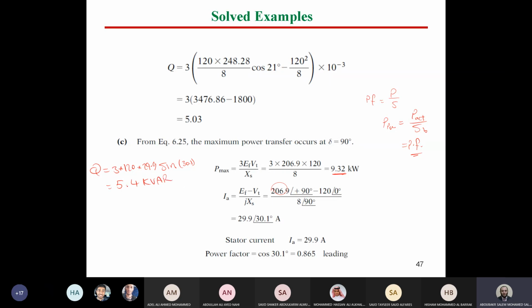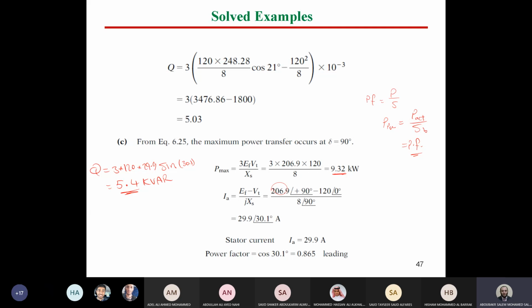Of course, guys, if you have a look now, 5.4 reactive power and 9.3 active power. So the apparent power now is, let me calculate, 9320 squared plus the reactive part squared, then the square root of the answer.